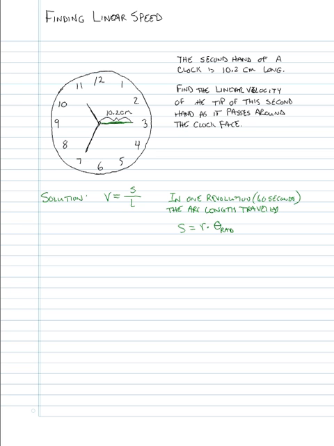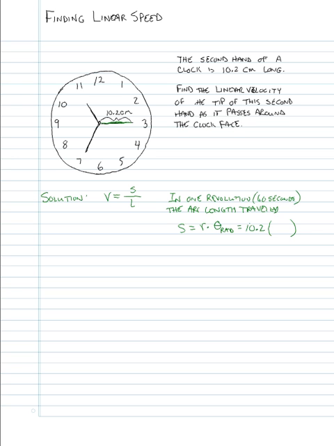In this case, the radius is 10.2 centimeters. And one revolution is 2 pi.